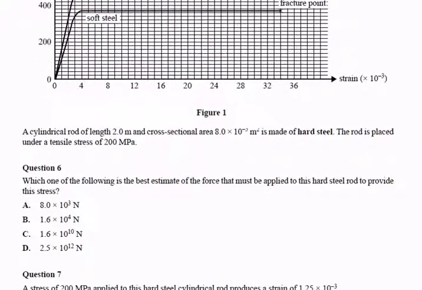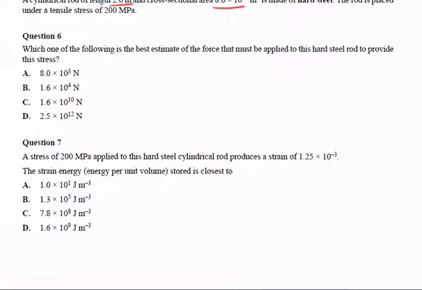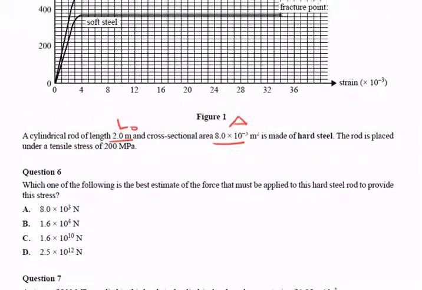Alright, same graph again, and questions 6 and 7. A cylindrical rod of length 2 meters and cross-sectional area, cut that off, did I? Well, I think it's 8 by 10 to the minus 5. It's made of hard steel. The rod is placed under tensile stress, 200 megapascals. That's your area.